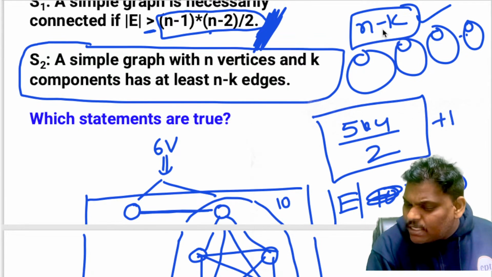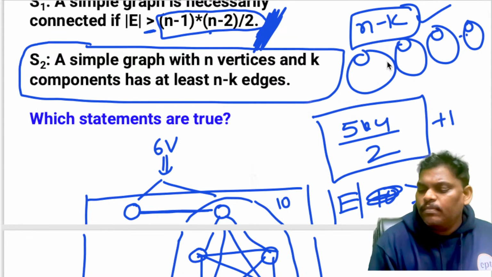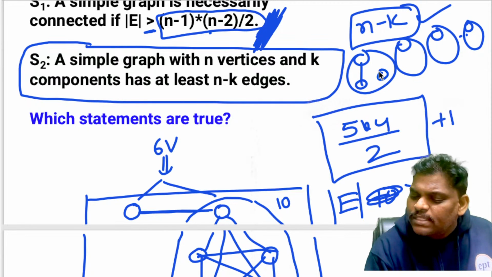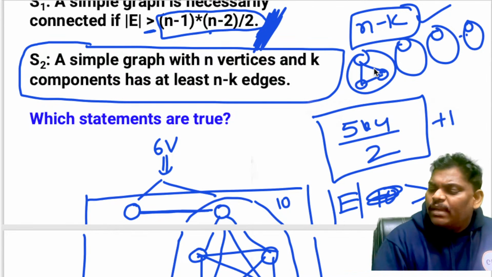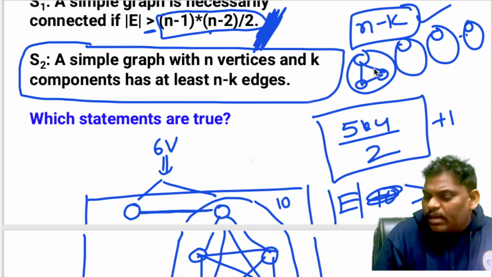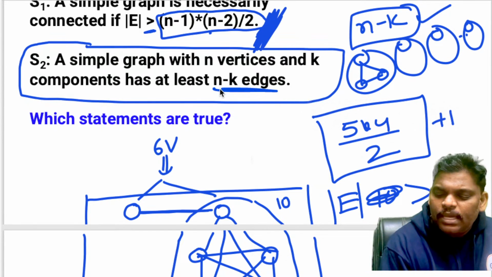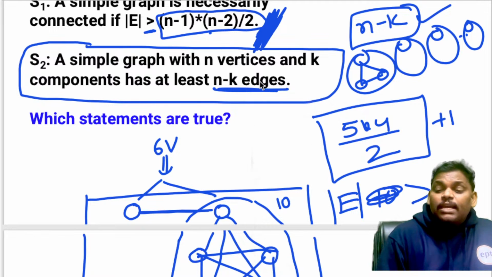Now for these n minus k vertices, either one edge will come or more. For one vertex, one edge came; for another, more than one edge is also possible. So n minus k vertices will each bring one edge or more. So at least n minus k edges, because cycles are also allowed here. There is no forest.